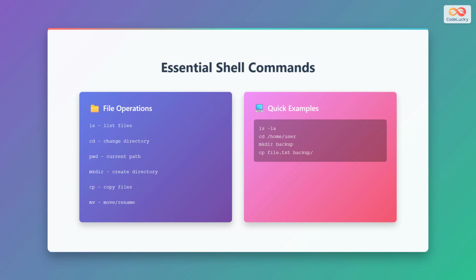These commands are fundamental to file system navigation and manipulation. Quick examples include ls -la to show detailed file listings, cd /home/user to navigate to a user directory, mkdir backup to create a backup folder, and cp file.txt backup/ to copy a file to the backup directory.